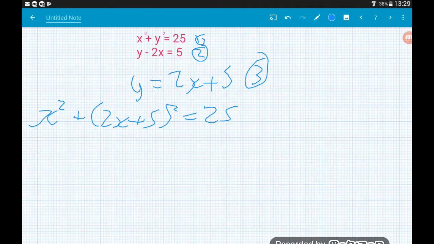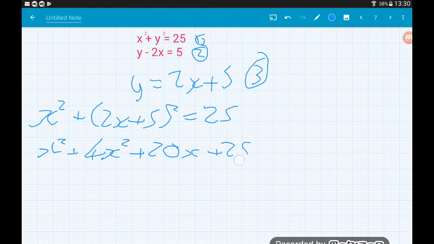So if we expand this bracket, we're going to get x squared plus, now the expansion is going to be 4x squared plus 20x plus 25, and that's going to equal 25 on the right.